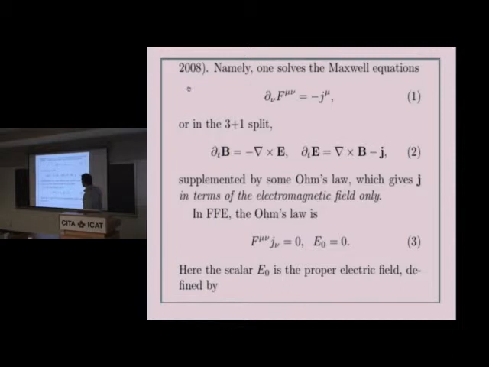This just means that the net force on a current is zero. Here E naught is the proper electric field. It's the electric field in the frame where the electric field is parallel to the magnetic field. If you wish, it's a certain combination of electromagnetic field invariants. Namely, this equation just says that the component of the electric field along the magnetic field is zero. And this is the other equation. So that's then the proposal. Solve this combined with this.